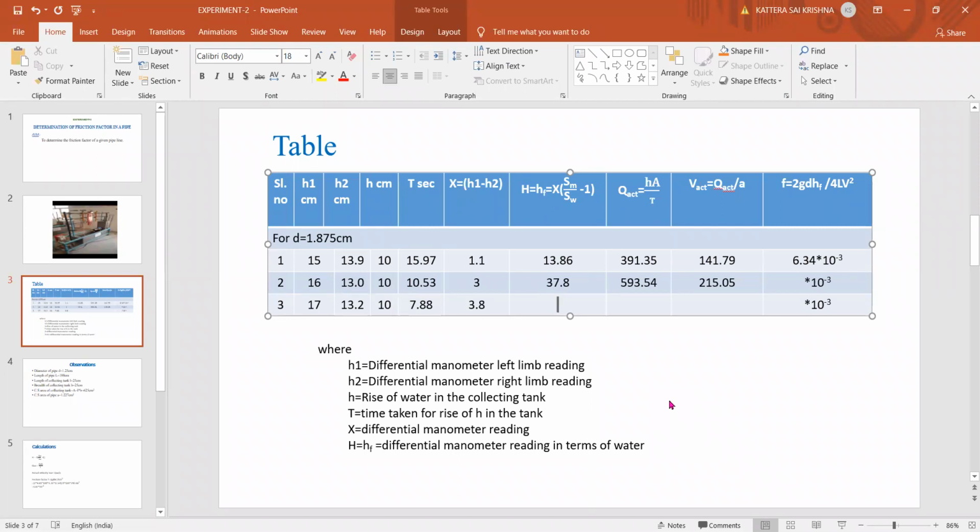Calculated? No. What happened, Raghuveer?